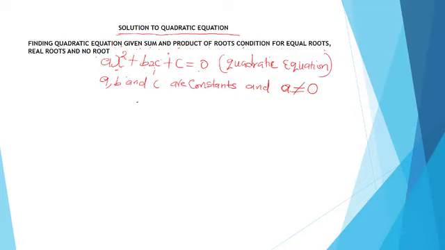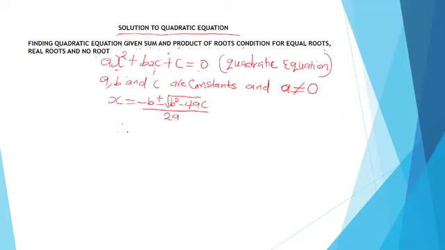Now, whenever this is being solved, the solution to this equation is usually of this format: x equals minus b plus or minus the square root of b squared minus 4ac all over 2a.